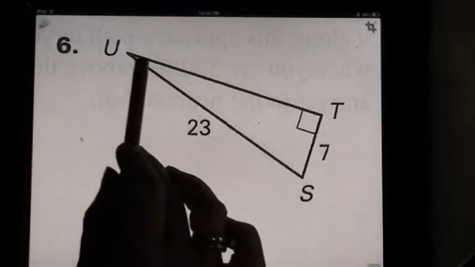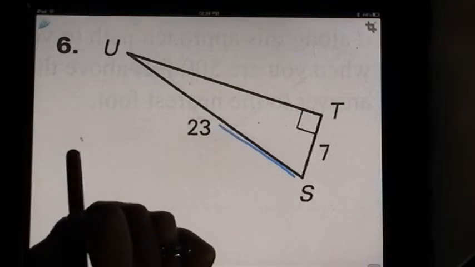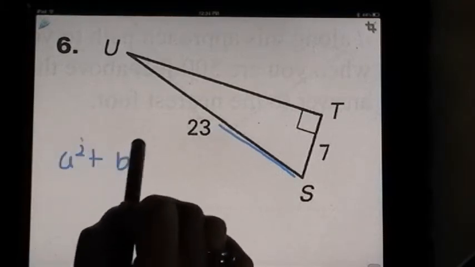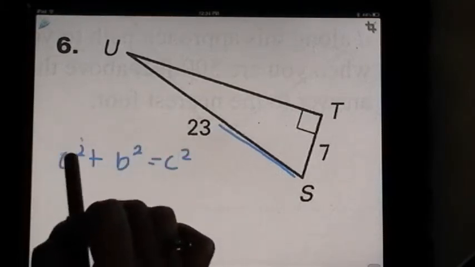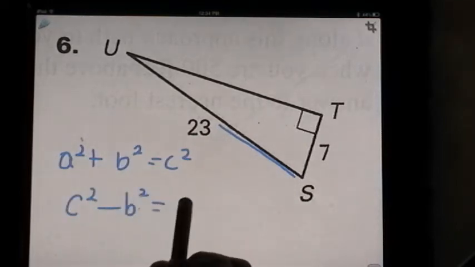One more time. Okay, this is the hypotenuse, and so that's our C side. So if A squared plus B squared equals C squared, then C squared minus B squared should equal A squared.